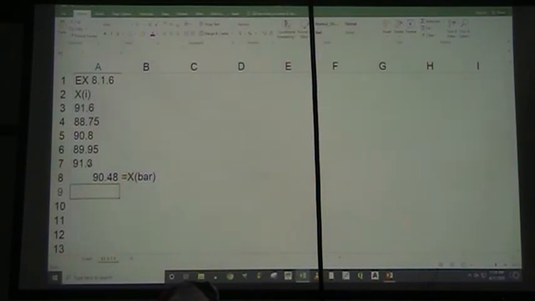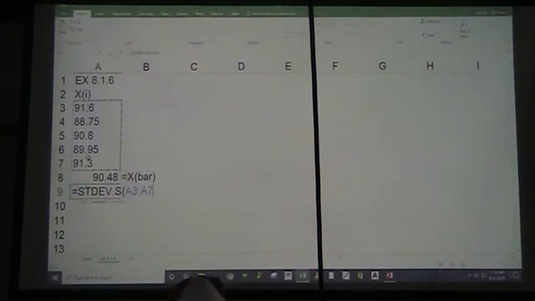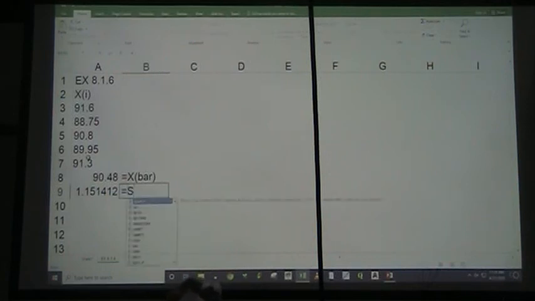So I am going to pretend that my sample standard deviation is my standard deviation. And don't forget the single quote here.